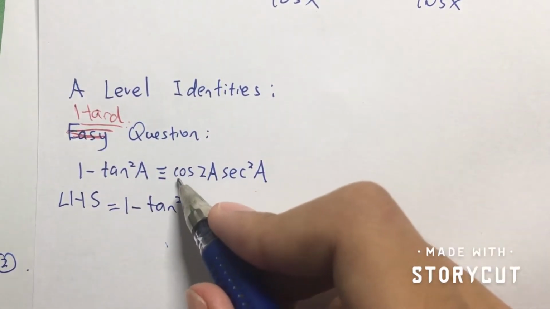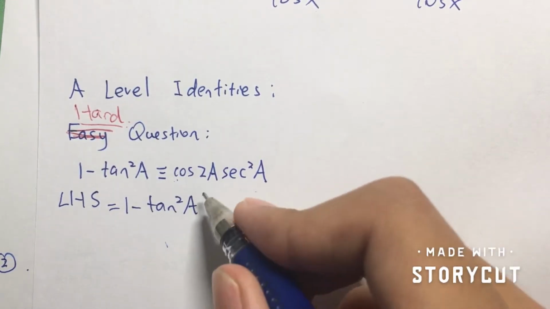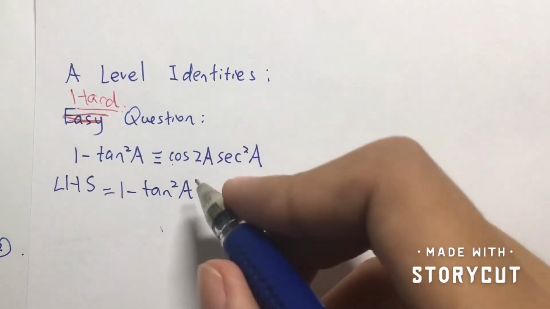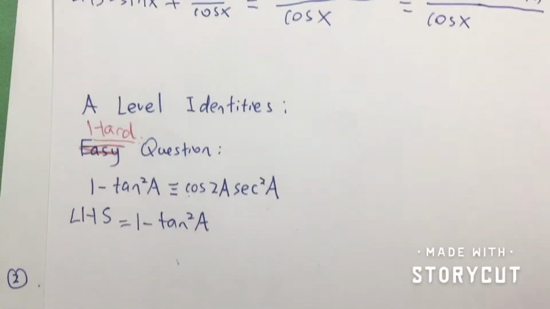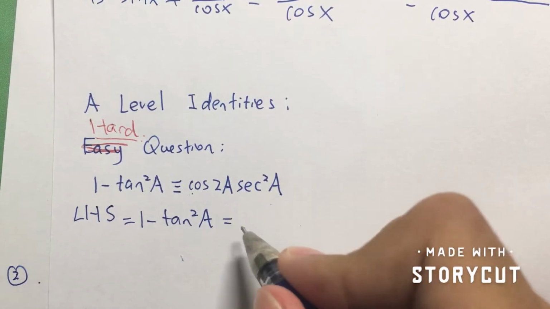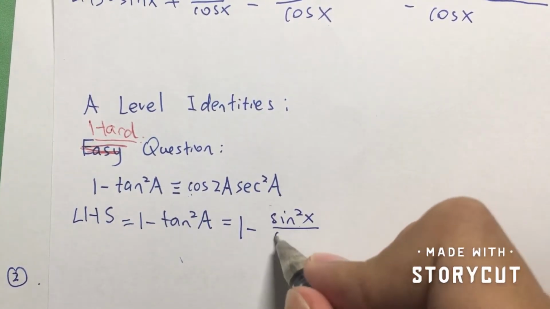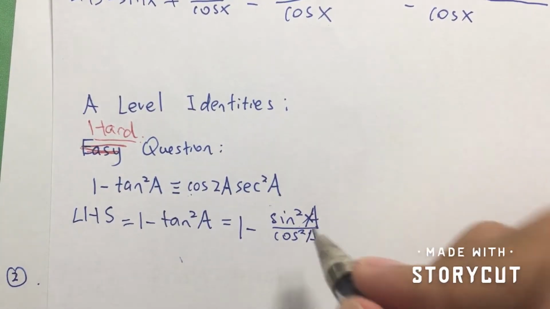Because here is related to cosine, we should change tangent into cosine or sine form. So how do we change? Well, we can use this again: tangent x is equal to sine x over cosine x, which gives 1 minus sine squared a over cosine squared a.